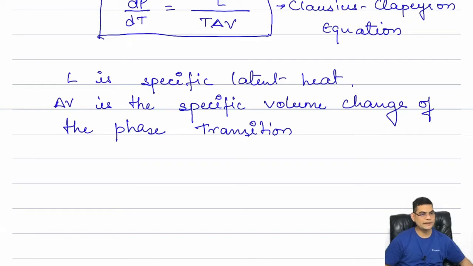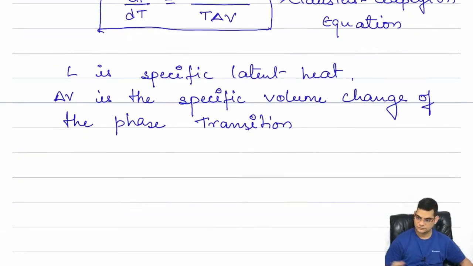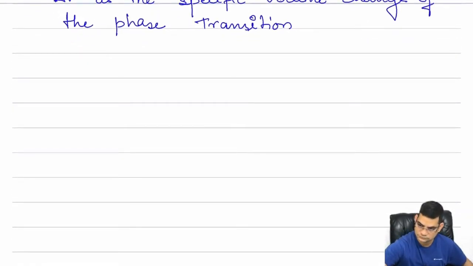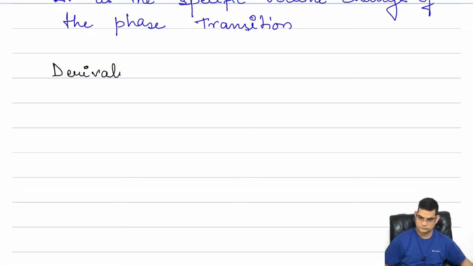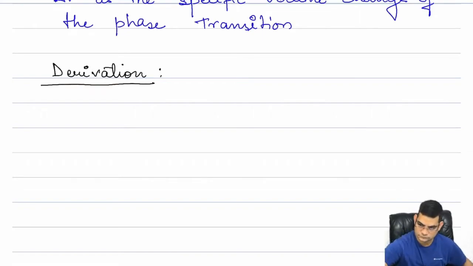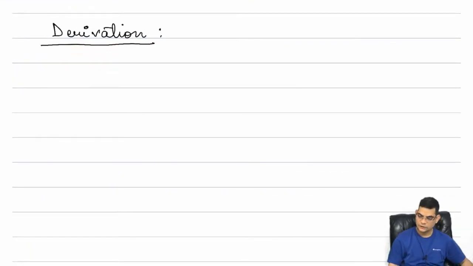Now we come to the derivation of this equation. Derivation. Assume entropy as a function of volume and temperature.